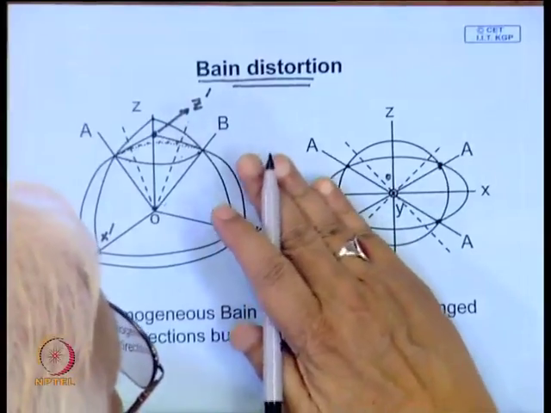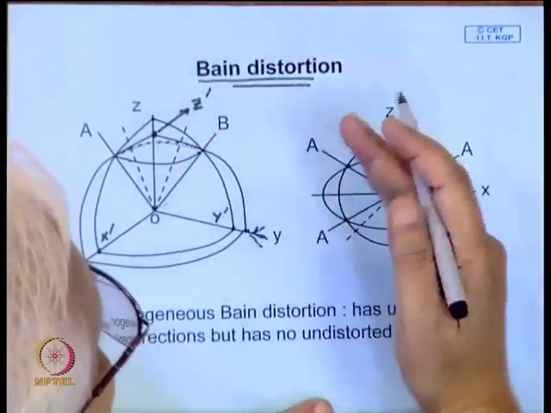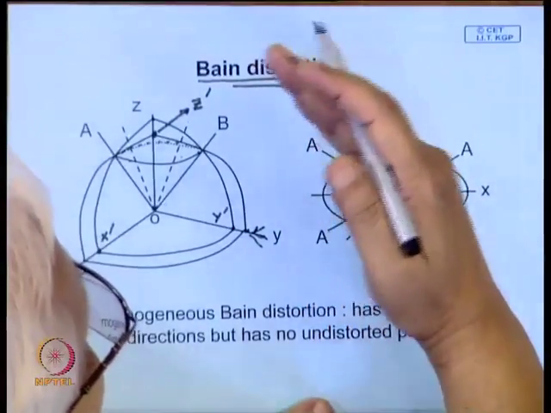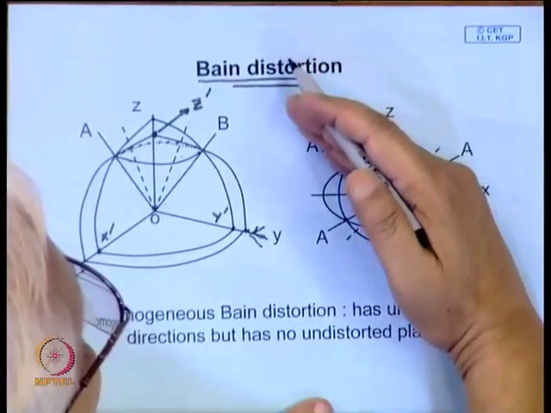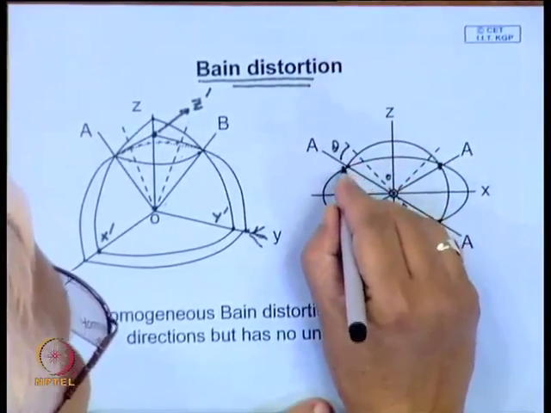To get an undistorted plane, what you have to do? You have to find, suppose one of the y plane which intersects here, say this is y perpendicular like this. So, any plane which is passing through this, suppose you rotate it through an angle theta, then it will match with this.